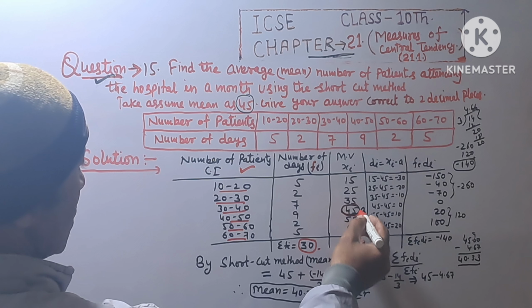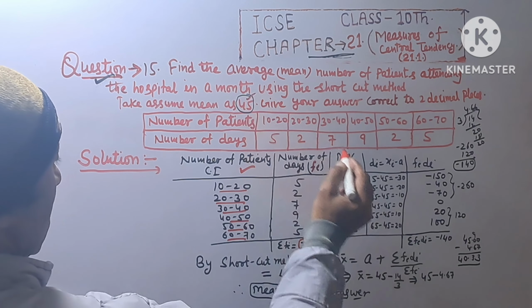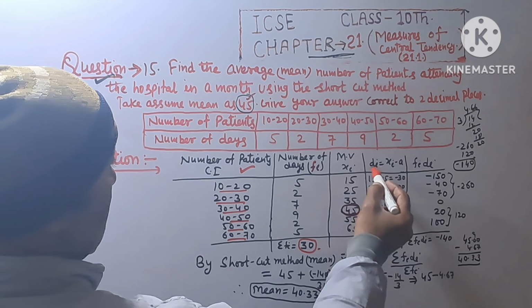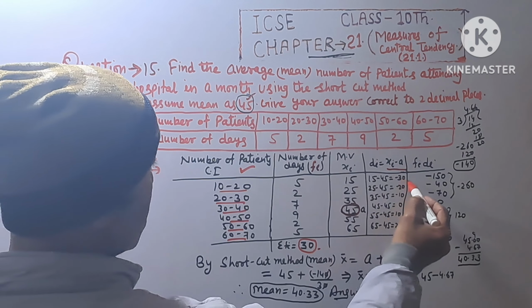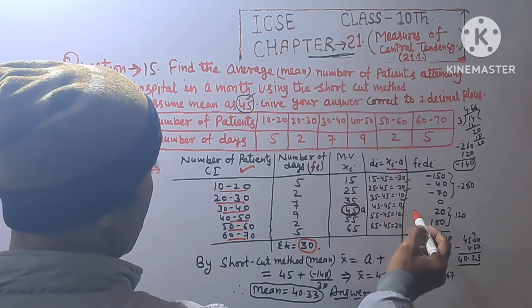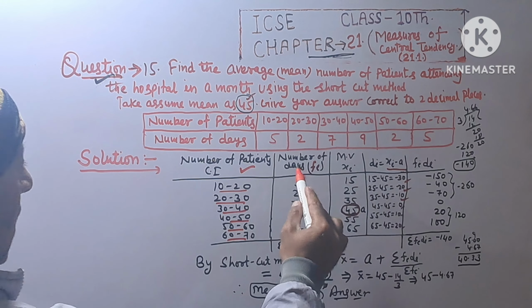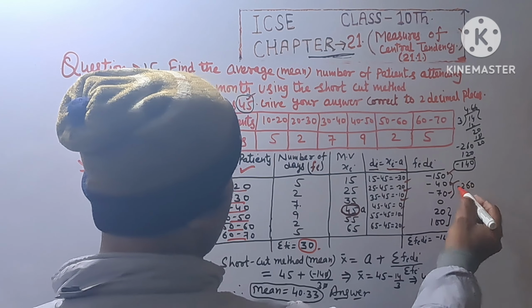It's given, assume mean a is equal to 45. Then di is equal to xi minus a: minus 30, minus 20, minus 10, 0, 10 and 20. Then fi into di: minus 30 into 5 is minus 150, 2 into minus 20 is minus 40, and 7 into minus 10 is minus 70.